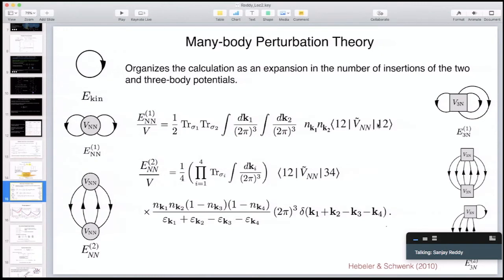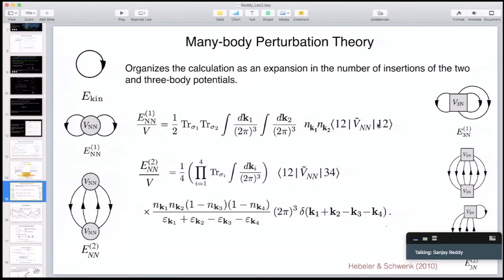One neutron has momentum k1, another neutron has momentum k2. You calculate this matrix element, and then you sum over all possible states in the system. So the momenta go from zero momentum to the Fermi momentum of the neutrons. And so this way you can calculate the corrections at first order insertion of the potential.